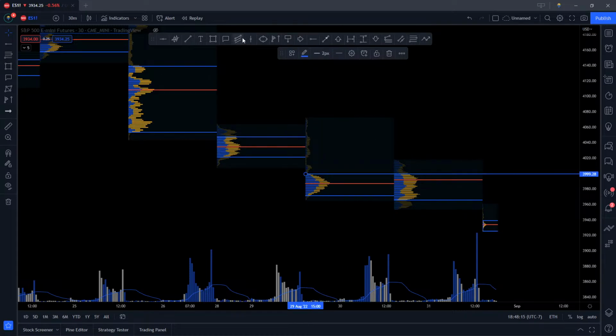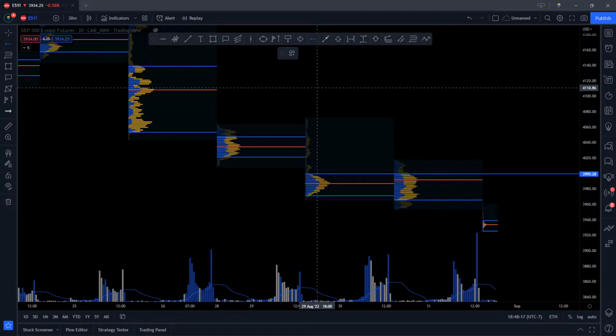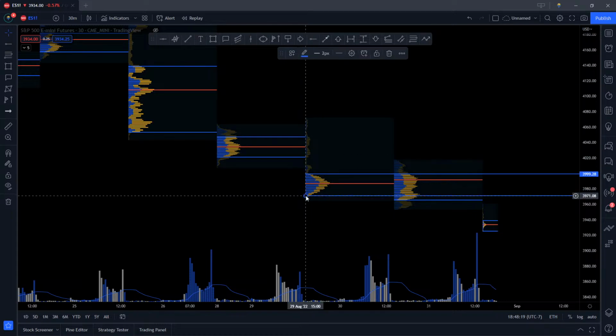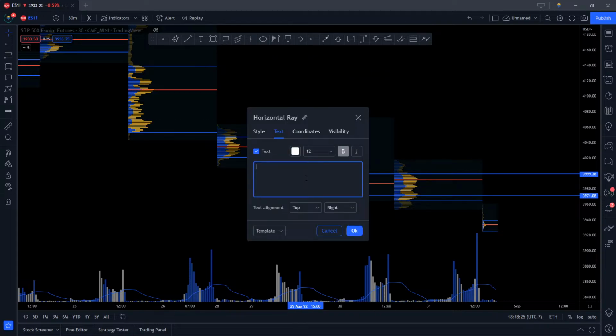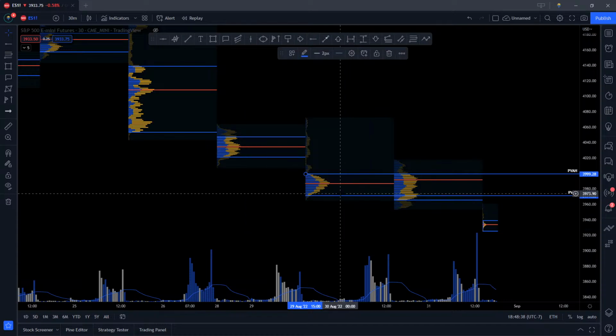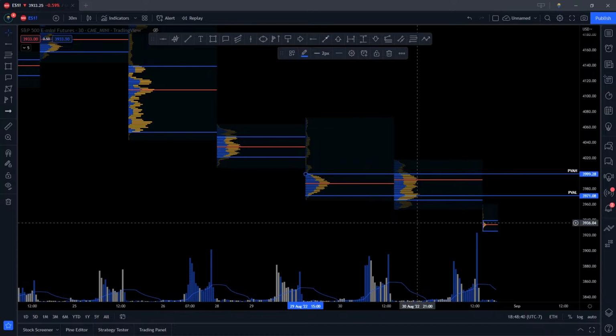And what I'll generally do is every single day, basically, I draw these on my chart. And I'll label them, so P for previous day, and then value area low, and then P value area high. And these are important to know going into the next trading day.